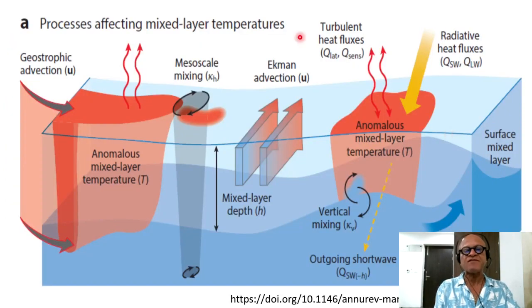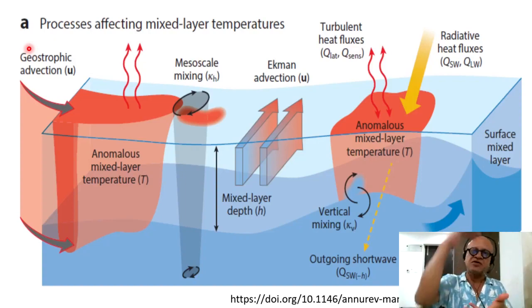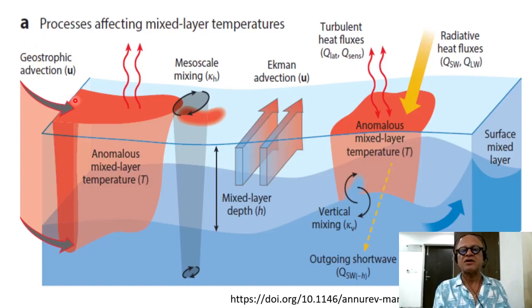The two papers provide some schematics of how mixed layer temperature anomalies can be generated. We have briefly discussed geostrophic currents, where if you're away from friction in the middle of the ocean, let's say, and away from the surface or near the surface where wind effects are separately treated with Ekman currents like this, then the balance between Coriolis and pressure gradients gives us geostrophic currents, and they can advect in heat and affect the mixed layer temperature.